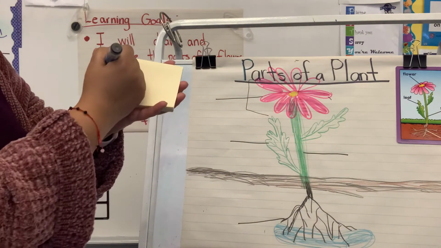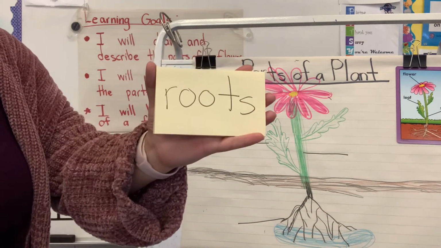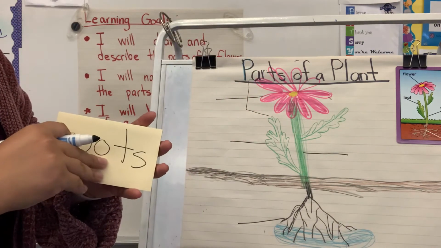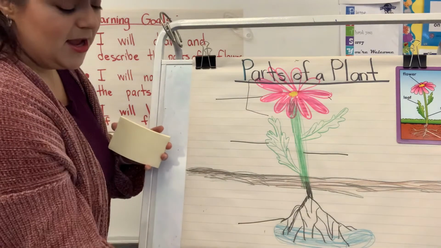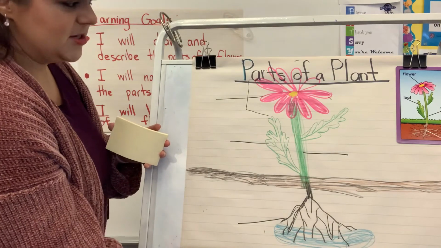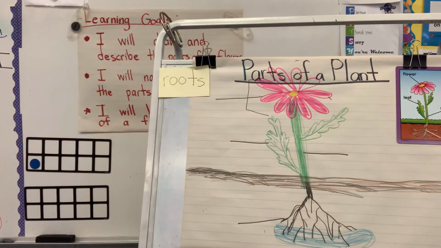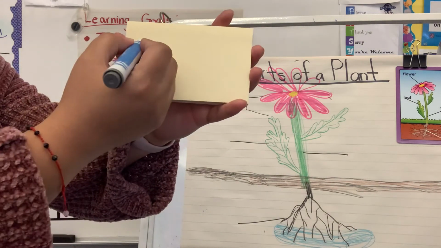Okay, so roots. Now I'm not gonna put it where it should be. You should put it here. I'm just gonna put them down here. I'm just gonna put all of the words on the side, and then you can copy them where they belong. Now we're gonna write stem.